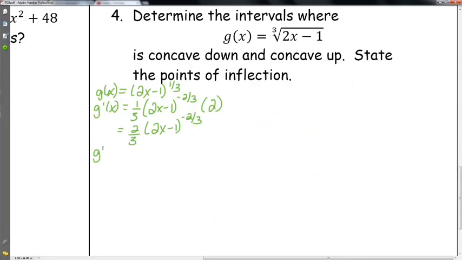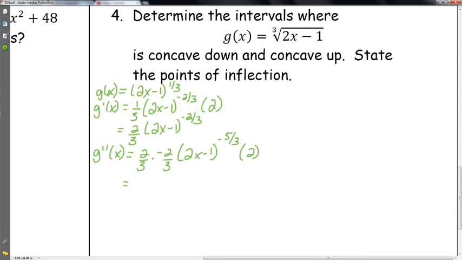My second derivative is going to be 2/3, that's my coefficient from before, times negative 2/3, raised to the negative 2/3 minus 1, which will be negative 5/3. Again, times the derivative of my inside, which is going to be 2.